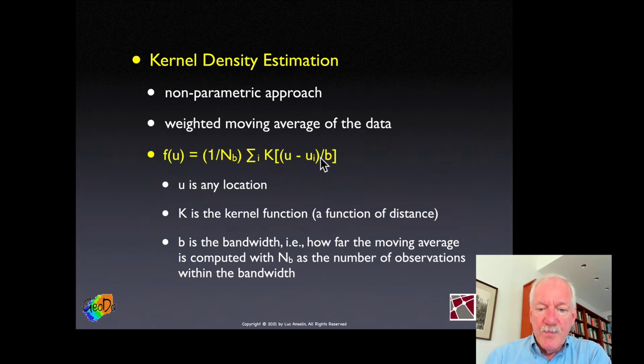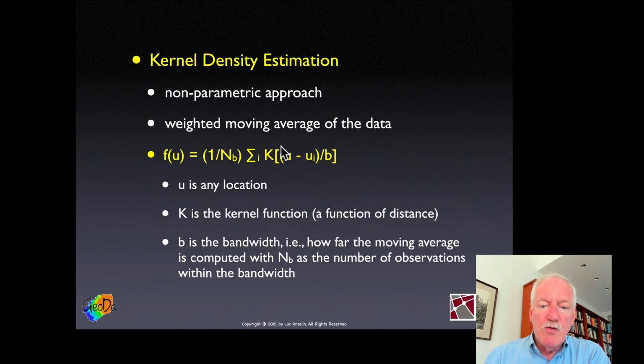So this little expression in the brackets here is the distance between u and each of these other points, u sub i, as a fraction of the bandwidth. So that can go from very small, very close to 0 for points that are very close to u, to around 1 for points that are exactly one bandwidth away from u.